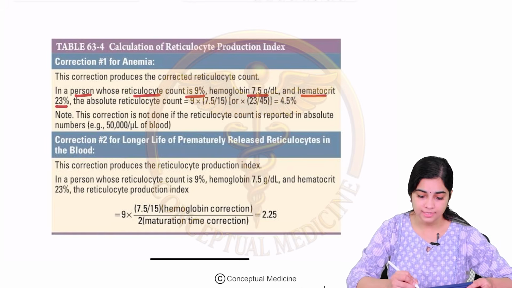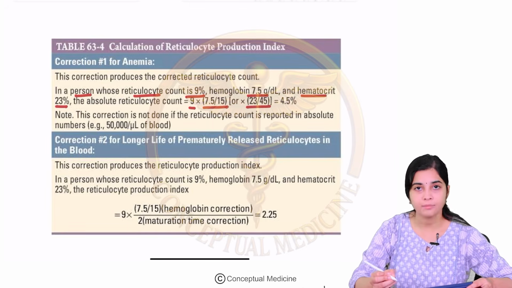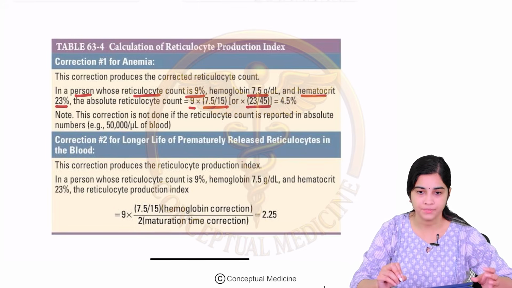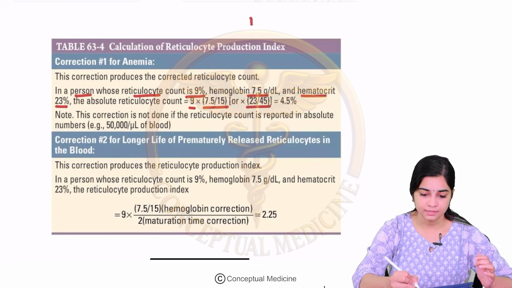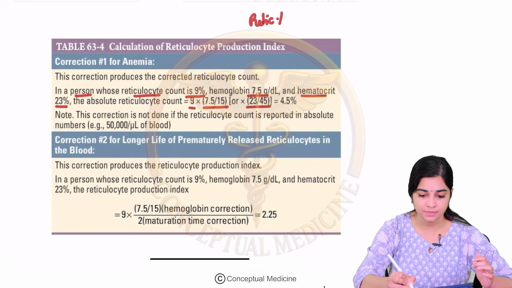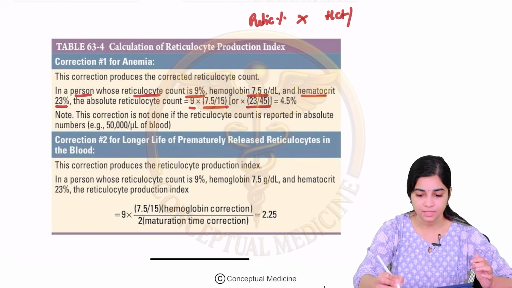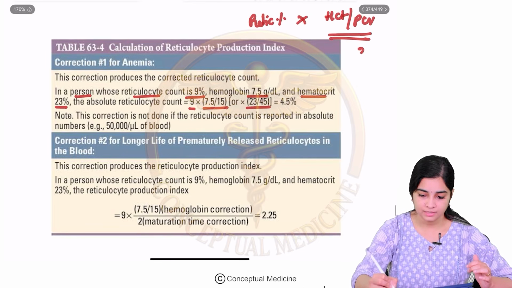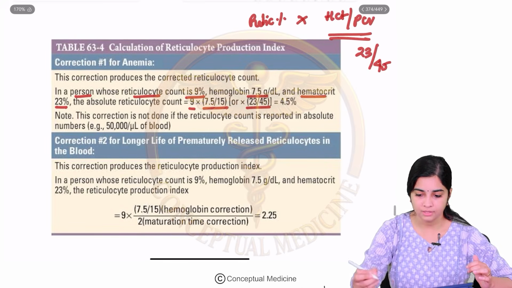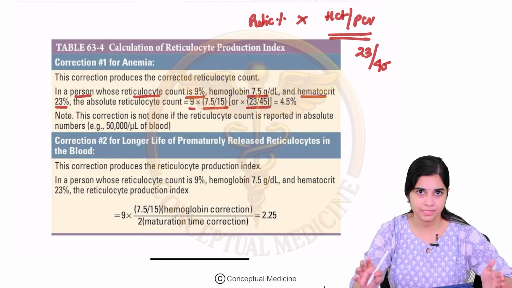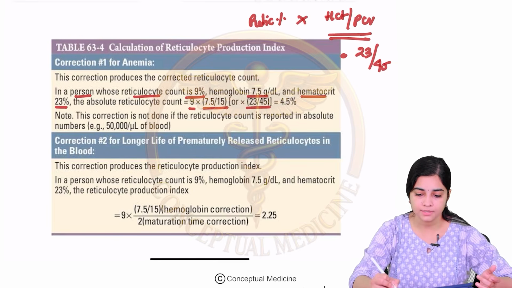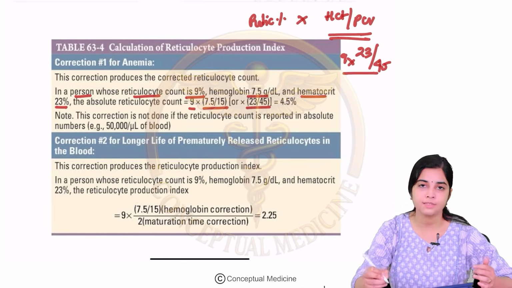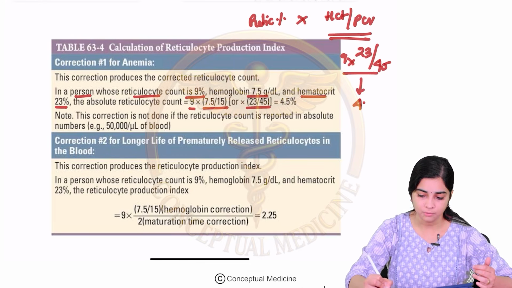It is given as 9 into 7.5 by 15, or into 23 by 45, which is usually the hematocrit by the average 45, which is the PCV. Okay, so 9 is the reticulocyte percentage, into the hematocrit by PCV. Okay, so this hematocrit by PCV is 23 by 45. Hematocrit by the actual PCV, which we consider as the average, and what is the retic percent here? It is 9. So this gives us the corrected retic count of 4.5.